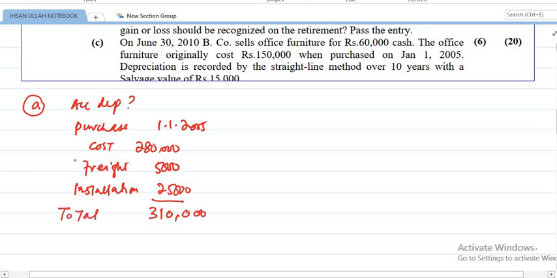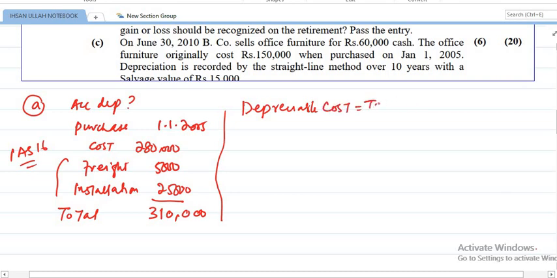We include these costs because according to IAS 16 we should include them. Now what is the depreciable cost? Because we have to calculate the accumulated depreciation, the depreciable cost is the total cost less scrap value.